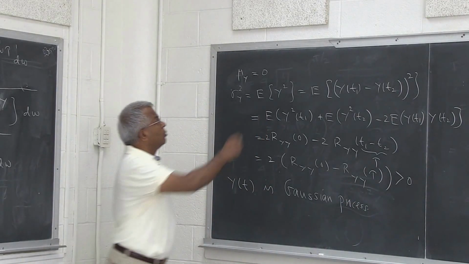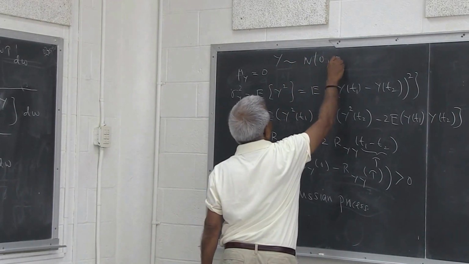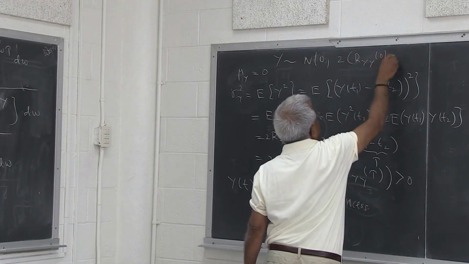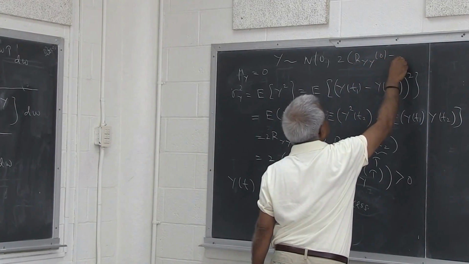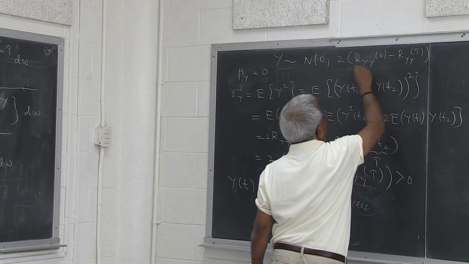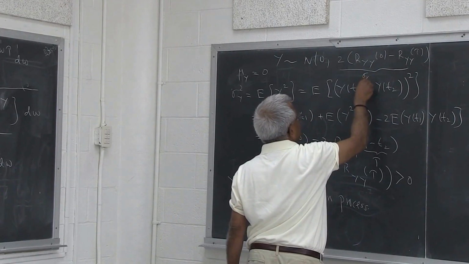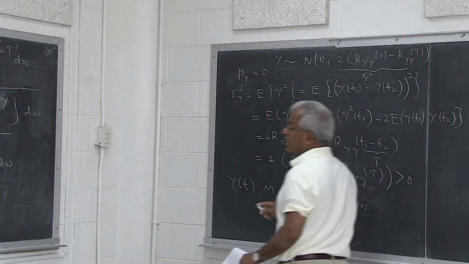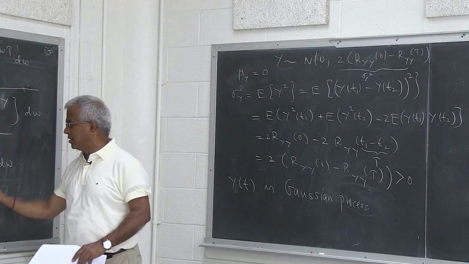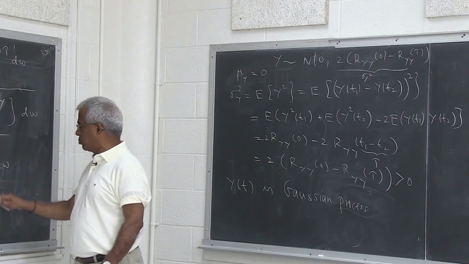Then we know that y is also Gaussian with zero mean and variance 2 times (R_yy(0) minus R_yy(tau)). I'm going to call this sigma squared. At that time, the characteristic function of y, this is a classic expression, is e raised to minus half omega squared sigma_y squared.